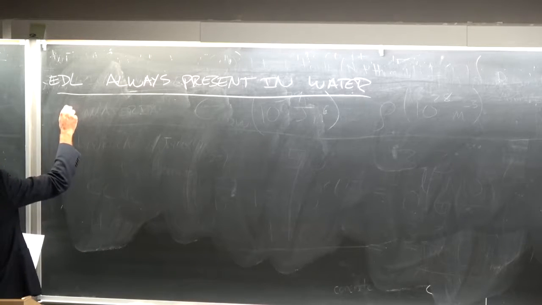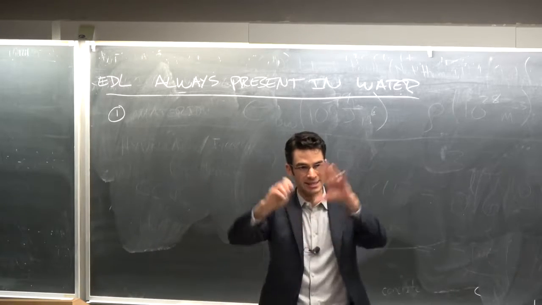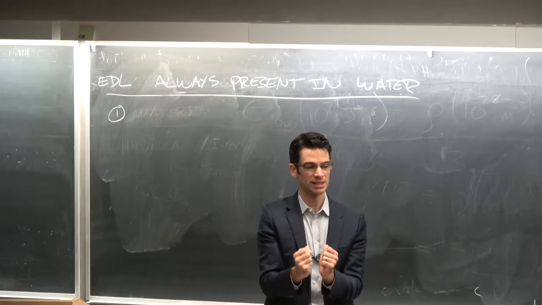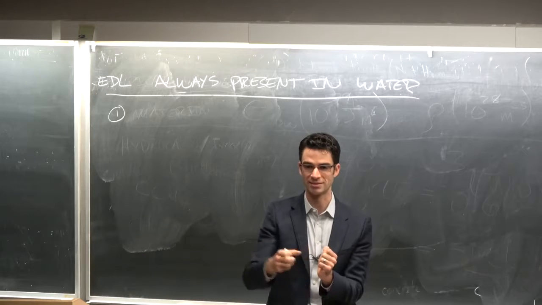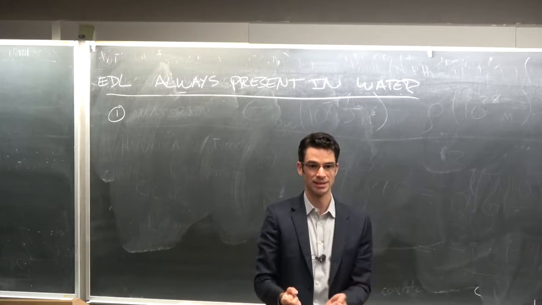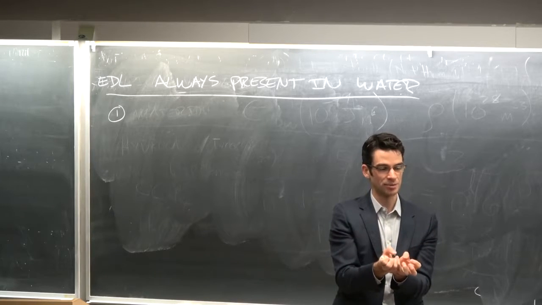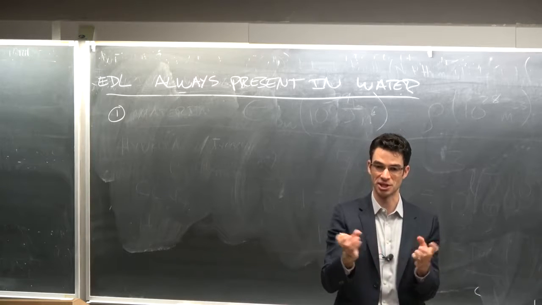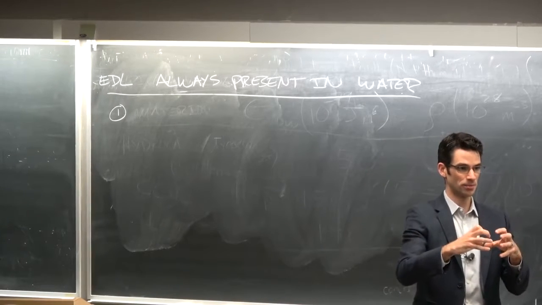Now, why does an electric double layer form? An electric double layer is a surface that's charged. So there's one layer. But since you can't really form an electric monopole in a solution, you always have some counterions around it. Like if it's charged with OH groups on the outside, which is what happens if you blow air bubbles into water, you actually get a negative charge from OH groups that interact with the air bubble.